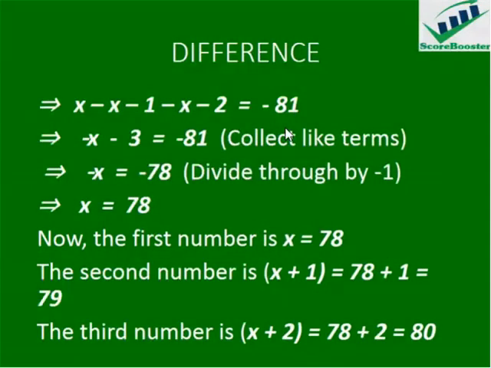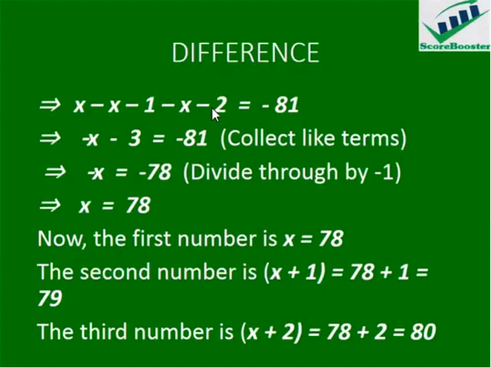And that's it here. Like in the previous lesson, you collect like terms, you put the variables on one side and you put the numbers on one side. x minus x is like you saying 1 minus 1. It's going to give you what? 0. x minus x gives 0, and that 0 minus this x, 0 minus 1x will give minus x.